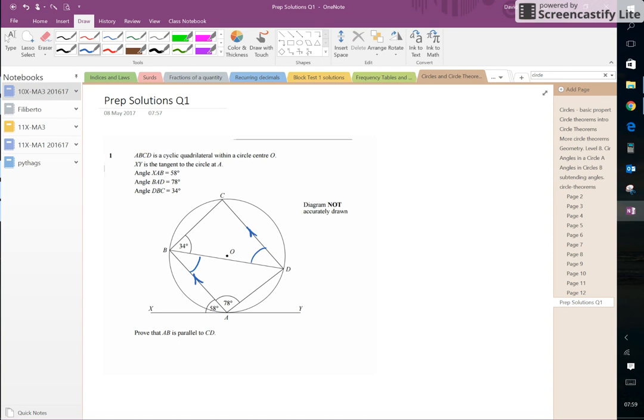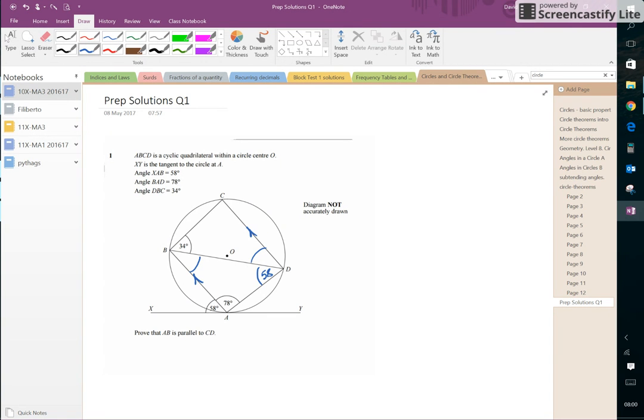The alternate segment theorem says that when a chord meets a tangent, then the chord subtends an angle which is equal to the one in the opposite segment. So that means that this angle 58 degrees here is the same as this angle here, 58.